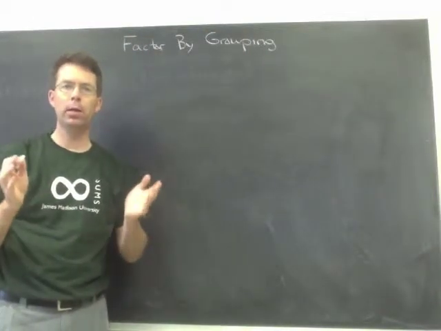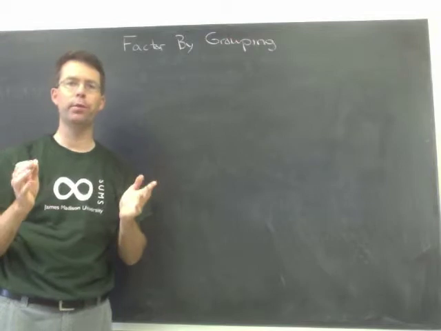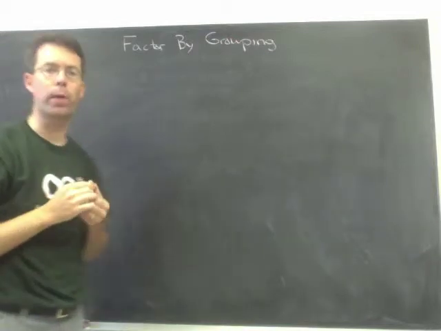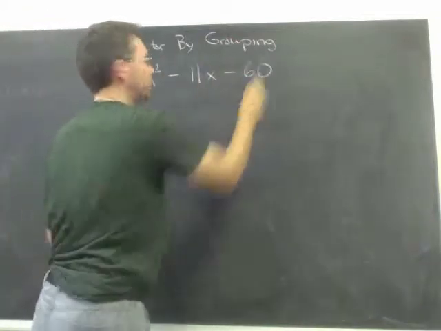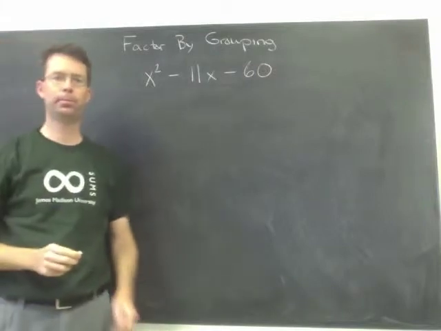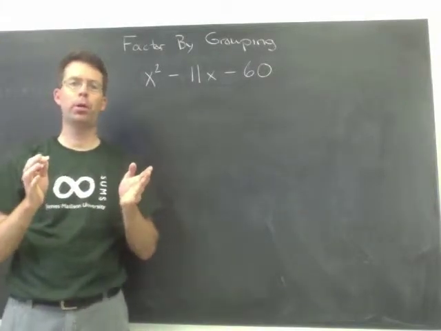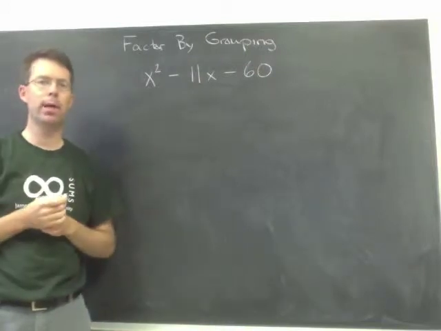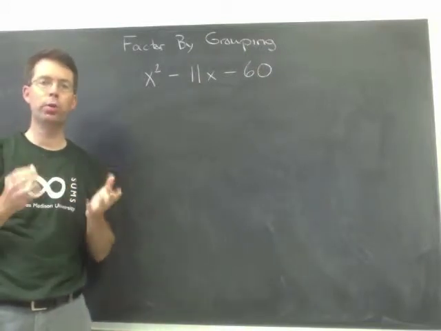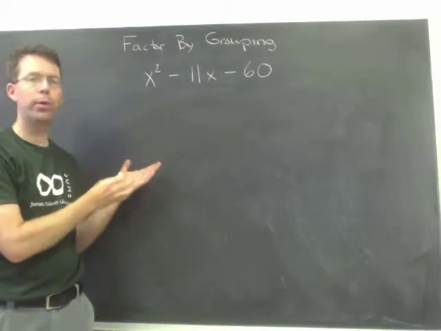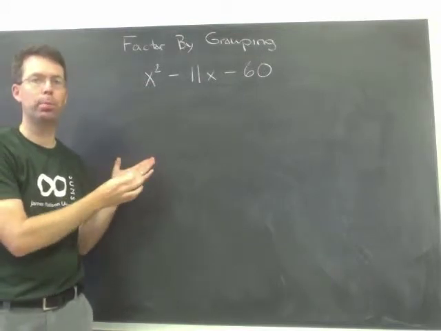So now, let's look at how to use this strategy of grouping to factor a quadratic. If I want to factor the polynomial x squared minus 11x minus 60, and I want to use grouping, there are three terms, so I don't know how to group it.